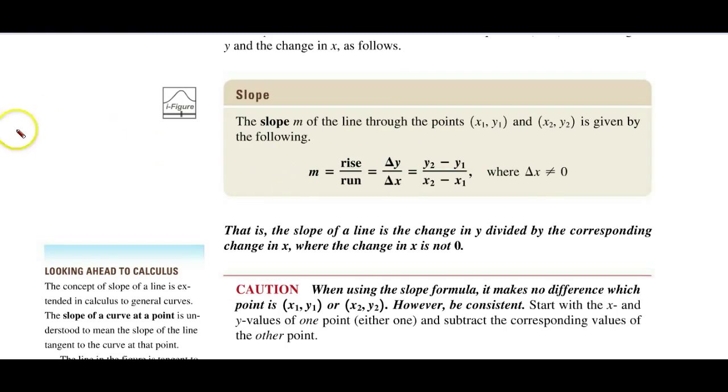And they're using the letter m equals the difference of your ordered pair, the y values, y sub 2 minus y sub 1, divided by x sub 2 minus x sub 1. This is the slope formula, and that's what they're showing here. Now, we'll look at some specifics of this as we go on.